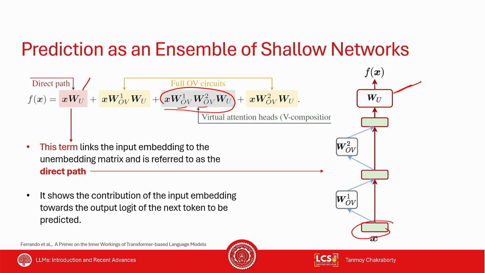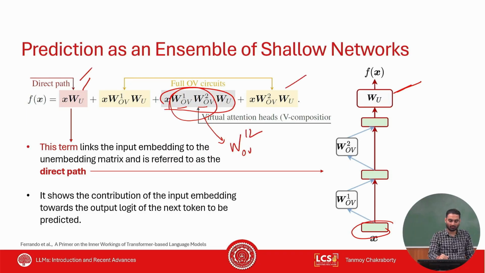This is called a virtual attention head, because you can think of a single virtual attention which encompasses both the attentions. So you can replace this by another virtual, something like OV12. So: direct path, full OV circuits, and virtual attention head. This virtual attention is also called V-composition. These are all fancy terms.